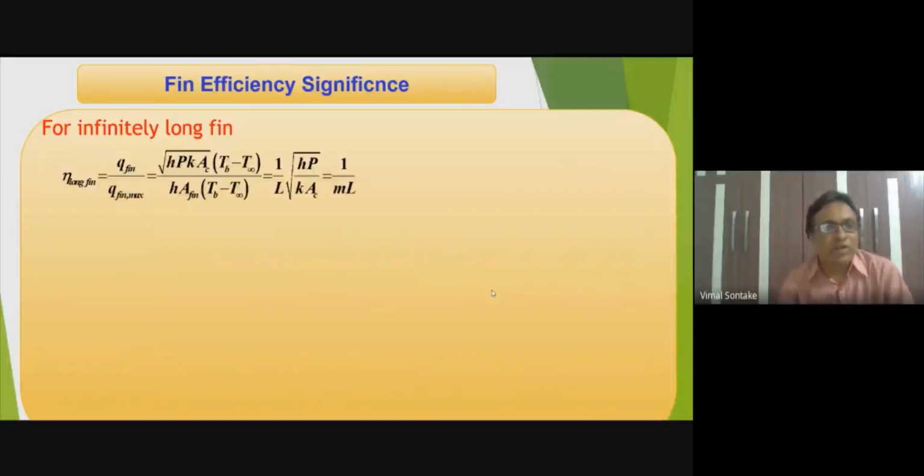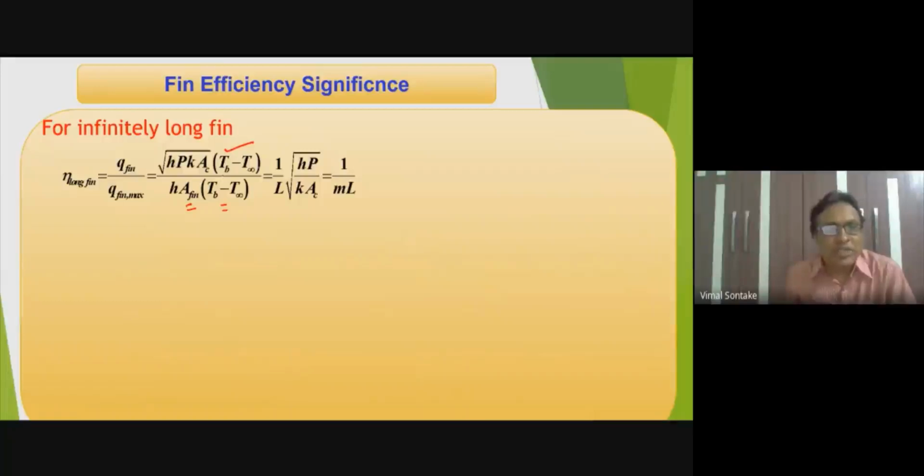So the efficiency of a long fin can be given as Q fin over Q fin max, that is, the rate of heat transfer from a fin of infinite length, root of hPkAc (Tb minus T infinity), over the maximum rate of heat transfer, that is, h times area of fin into (Tb minus T infinity).